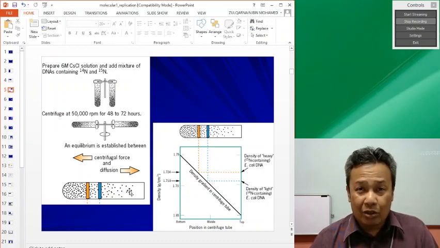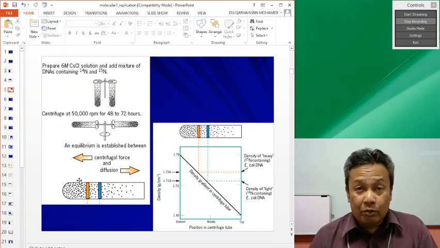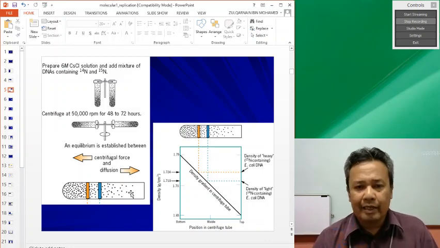The top is not very dense, but the bottom is very dense. That is depicted by the dots. So if you have these two types of DNA molecules, 14N and 15N, and you mix them together and centrifuge, you actually get separation based on density.